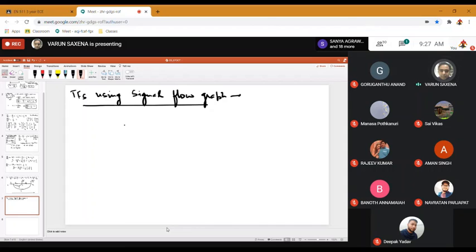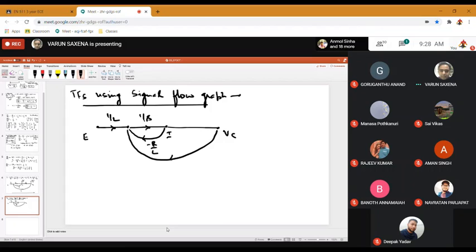So if I draw the signal flow graph again, so you have E here, 1 upon L, then you have 1 upon S, minus R by L, you have I, and you have VC, you have minus 1 upon L, you have 1 upon CS.